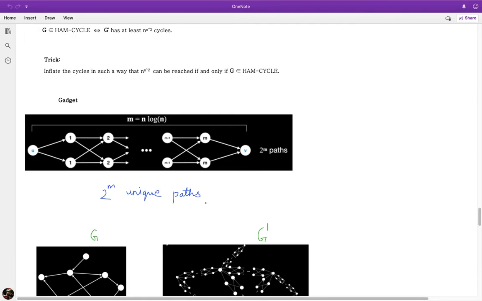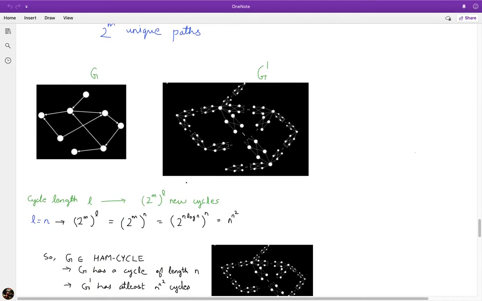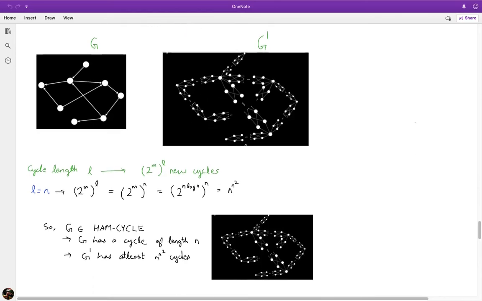So for a cycle of length 3, what we get here is 2 power m cube number of cycles in the graph G dash. Let's see how we derive this. Here G is a graph, and after using the gadgets we inflate it into a graph G dash which looks somewhat like this.